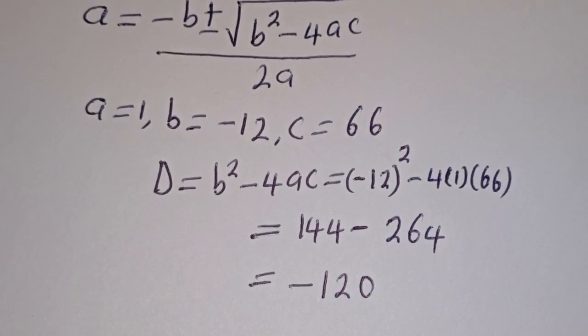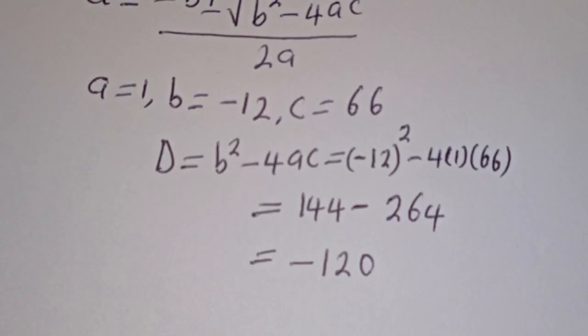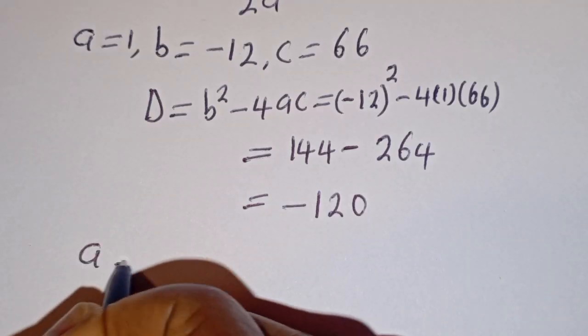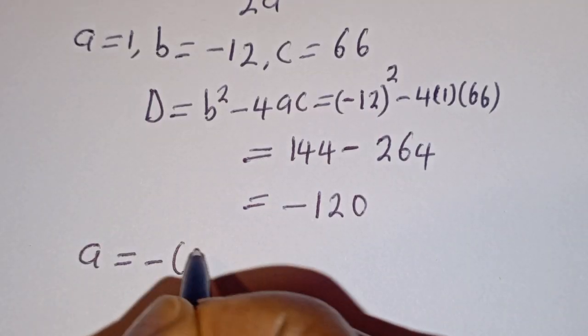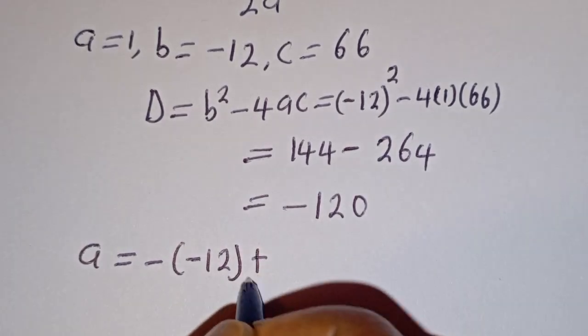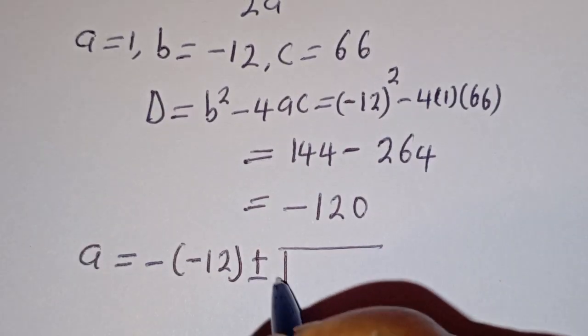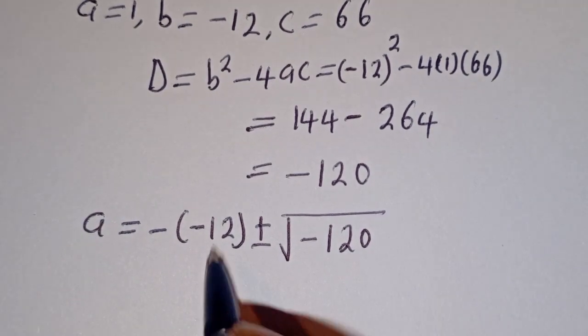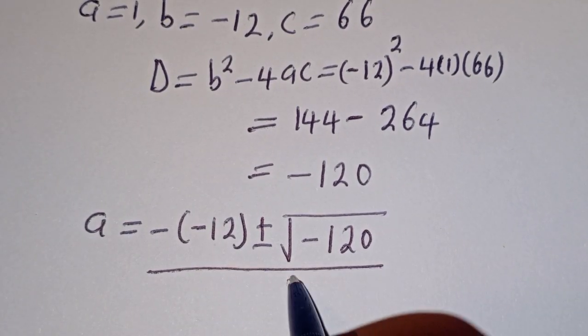And we can plug in this. Our equation becomes a is equal to minus bracket b, that is minus 12, plus or minus square root of minus 120, divided by 2 multiplied by 1.